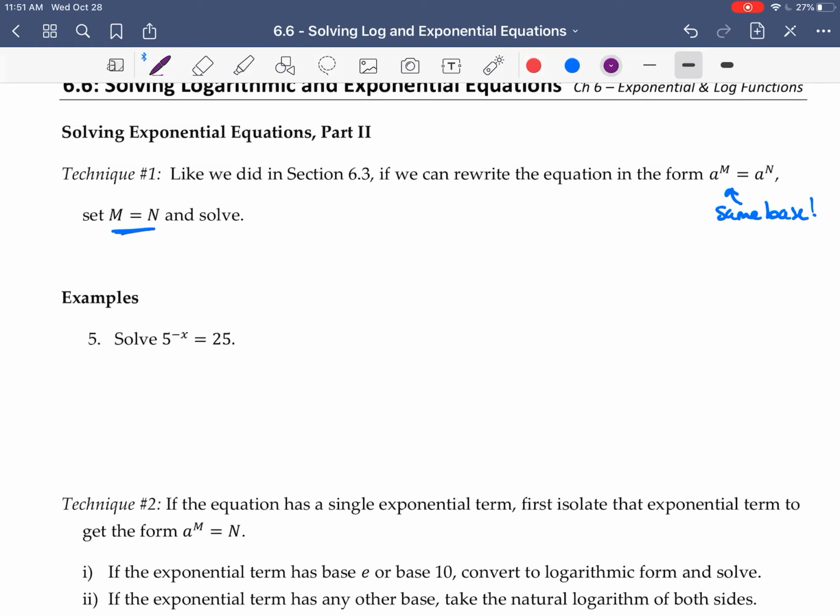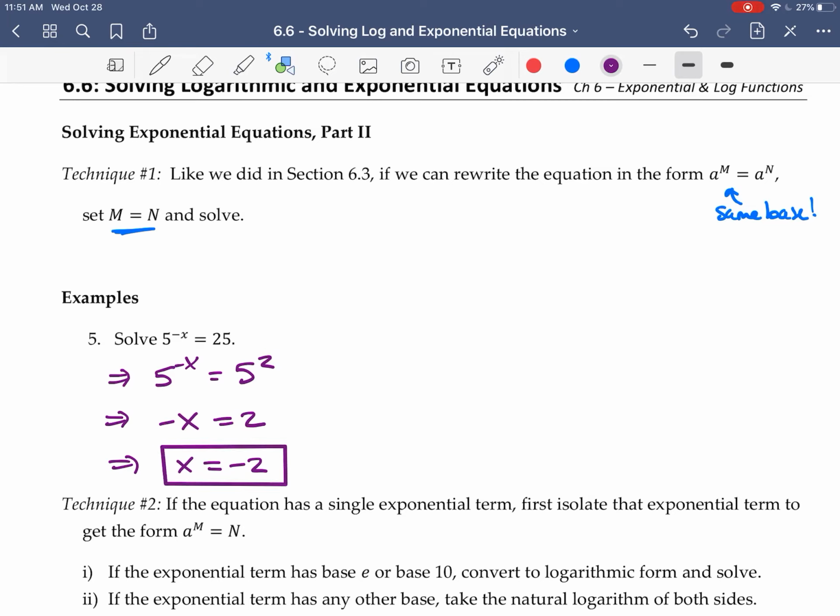So for example, if I have 5 to the negative x equals 25, I know that I can write 25 as 5 squared. Now that they're the same base, I know that negative x has to be 2, which means that x has to be negative 2. You can check that, but it's going to work out. So that would be our solution.